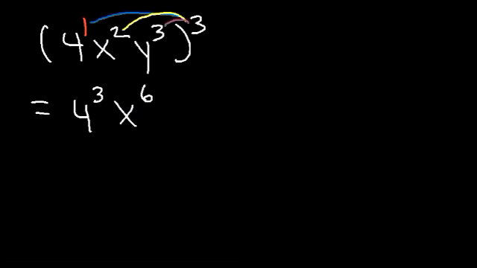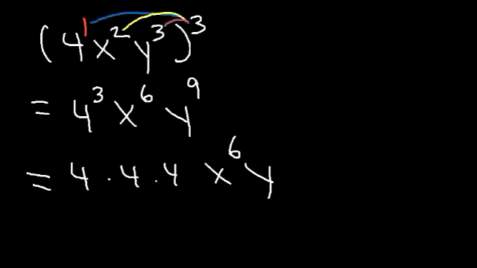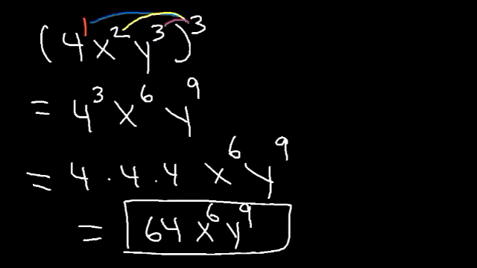And 3 times 3 is 9. So what's 4 to the 3rd power? 4 to the 3rd power is 4 times 4 times 4. 4 times 4 is 16, and 16 times 4 is 64. So this is the answer to that expression.